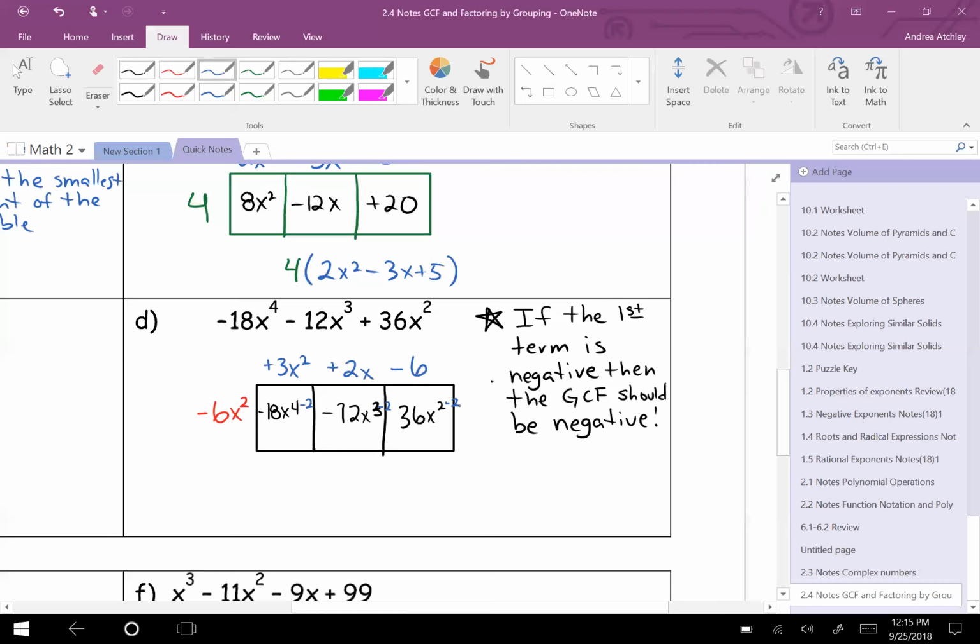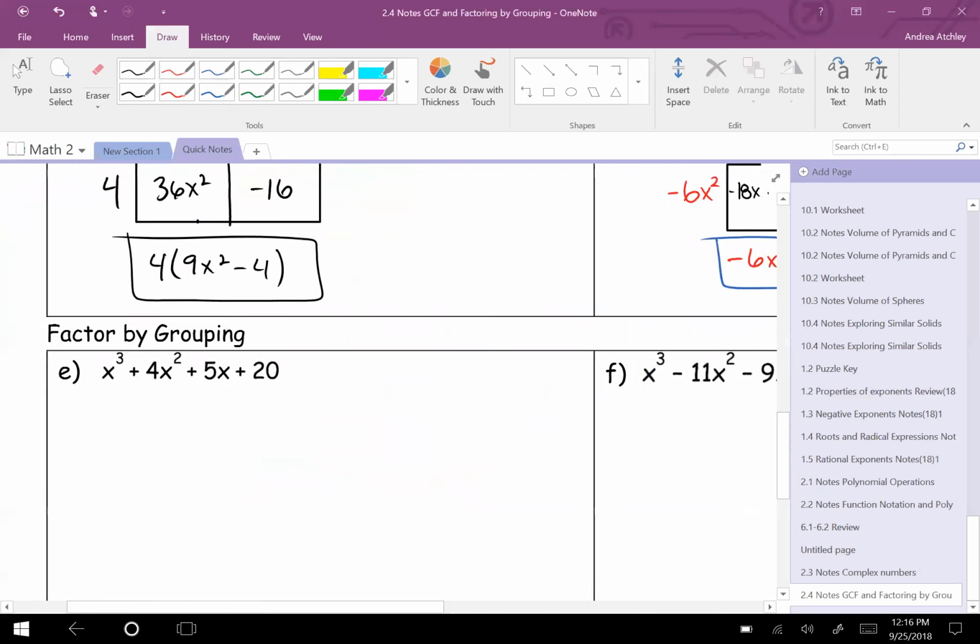I subtract it, and the x's will just cancel out, become 0. X to the 0 power is 1. So my GCF here is negative 6x squared, and then times 3x squared plus 2x minus 6. Those are the lengths of the sides of that rectangle. Any questions? How are we doing here? Pretty easy?